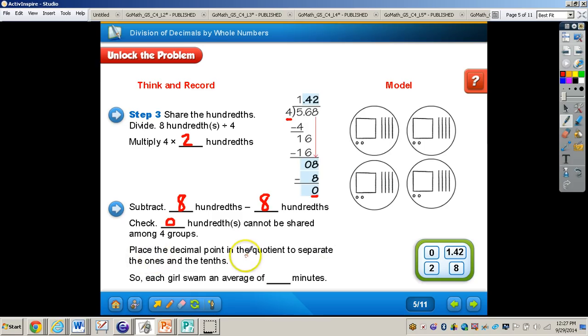Now we need to place a decimal point in the quotient to separate the 1s and the tenths. We just move that decimal point right up within our quotient. So we see that each girl swam an average of 1 42/100 minutes. You can also see within the model how 1 42/100 is shared amongst the 4 groups.